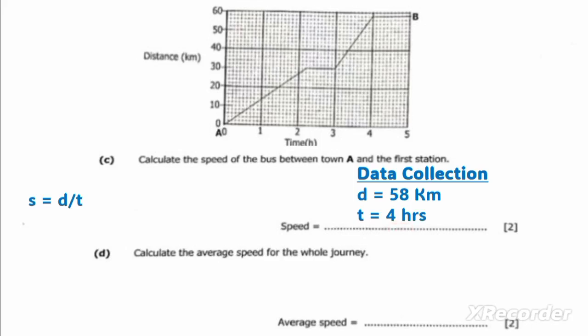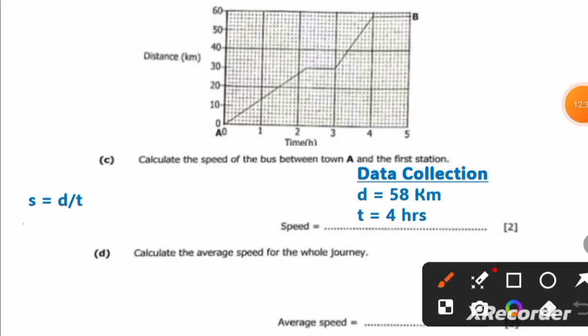Now let us plug the values into the formula. Speed is equal to distance, so the distance we have here is 58 kilometers. Then the time is 4 hours.